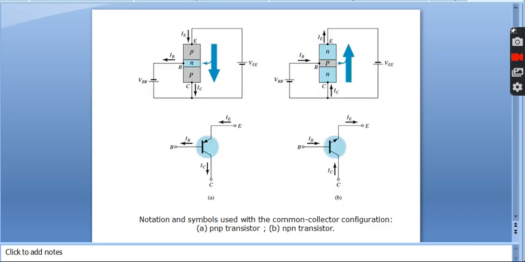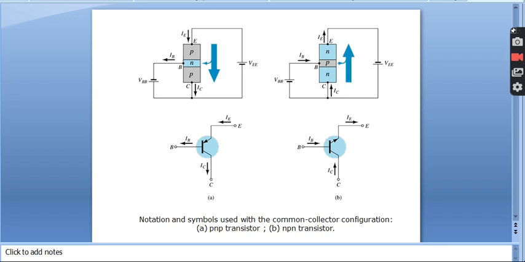Now look at the circuit diagram of the common collector configuration. Here we look at the picture for two types of transistor, PNP and NPN. The collector terminal is common to both the input and output circuit.